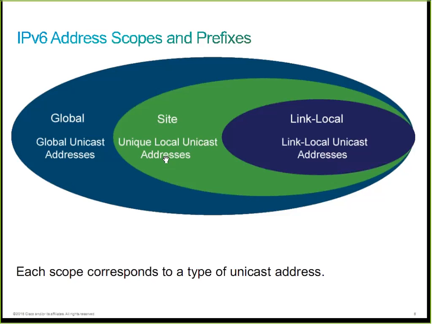And then link local is within a system, like a computer or a server, which can have multiple network adapters. Within that, if I want to have a link local address, that's where I have the link local unicast address. So, understood the difference between the three? Global is across the internet, site is across the geographical location, and link local is for a specific network adapter.